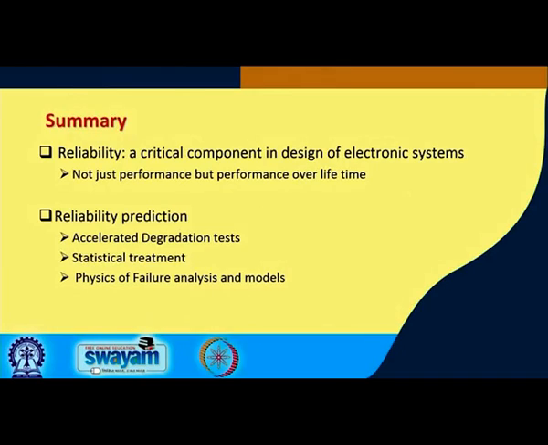All right. Reliability prediction, that is important, that is part of reliability engineering. So, we can do it through accelerated degradation tests and statistical treatment, or we can do it as physics of failure analysis and modeling. Okay. The second one is more based on scientific rationale.